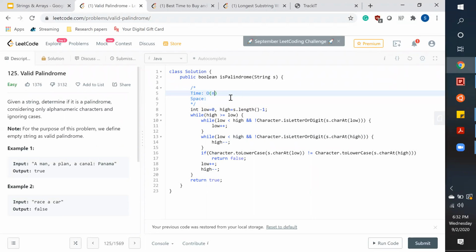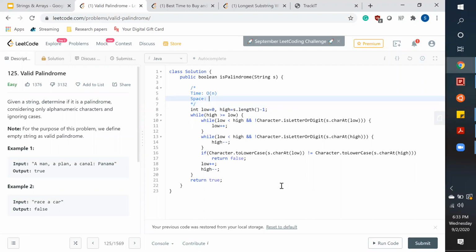So does everyone see why it's O of n? We look at each character in the string only once, because low starts from the beginning, high starts from the end. We stop when they both meet. We don't care where they meet, but we know that we've only traversed each character in the string exactly once.